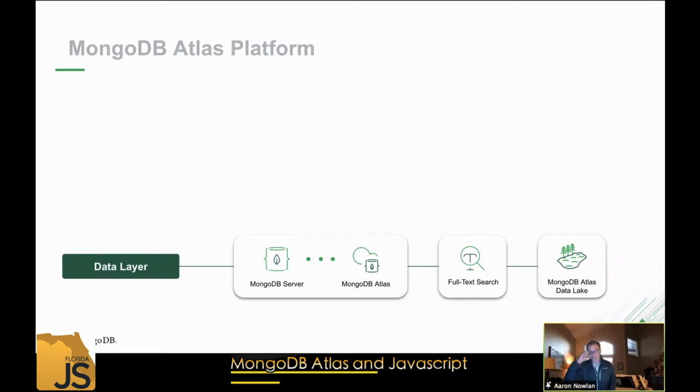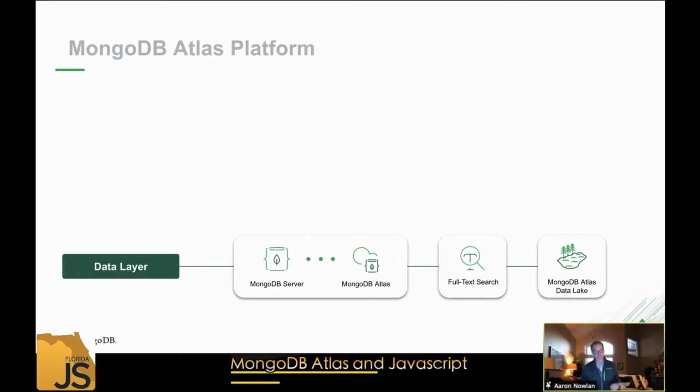And then you add on top of that the data lake capabilities. There's a few aspects. There's auto archiving as well, where we can use a time to live index and move data from an active data set, or what we would call a working set, into more of an archive mode, where you can still query and access that data, but maybe at a different performance than the active working set.